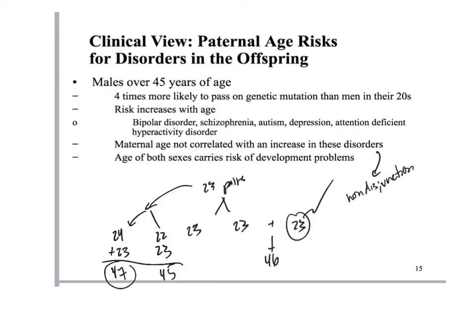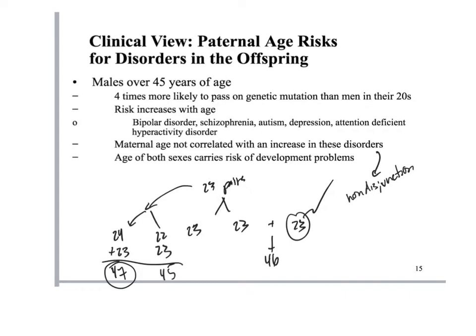Okay? 47, and this non-disjunction event is associated with Down syndrome. Trisomy 21: three copies of chromosome 21 as a result of this non-disjunction. And Down syndrome has characteristic facial features and a range of mental and physical disabilities.